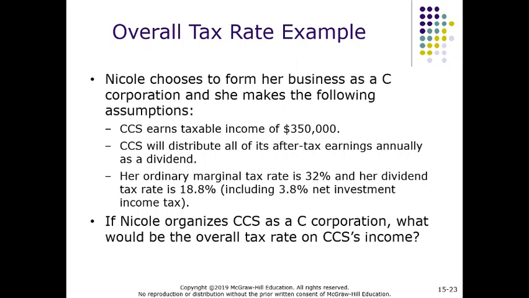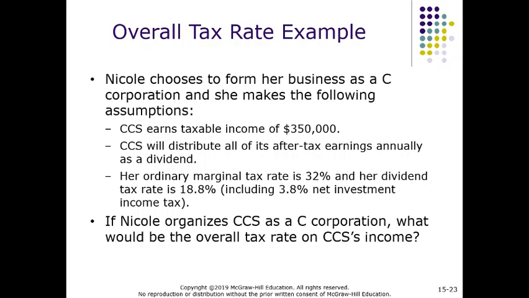All right, so anyway, we'll go through these. Nicole chooses to form her business as a C corporation, and she makes the following assumptions. CCS earns taxable income of $350,000. CCS will distribute all of its after-tax earnings annually as a dividend to Nicole.